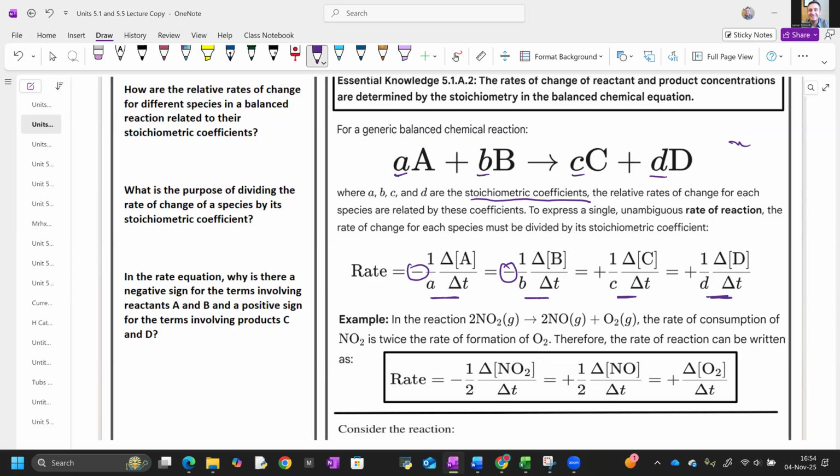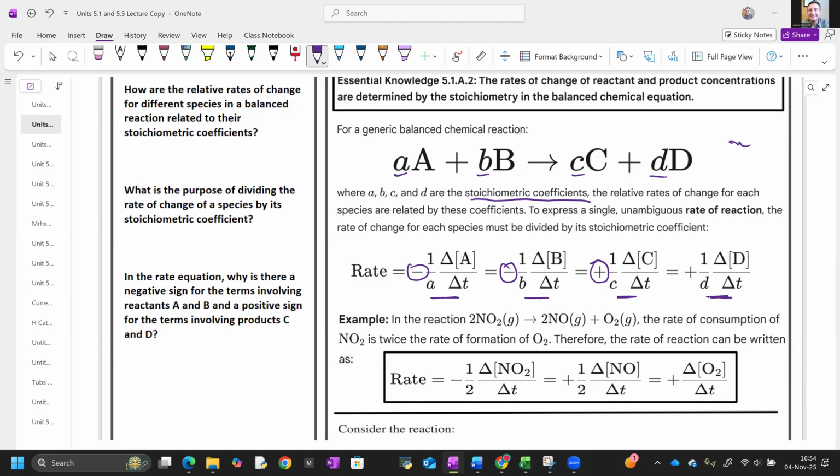But notice as we go to products, and this is not absolutely necessary to express, but they have a positive sign. And the positive sign here is just for contrast. It's not something that you have to express, but the change for products is going to be a positive value. And that's a big deal, because we do not need to have a negative sign there to account for some negative value, because this is going to be positive.